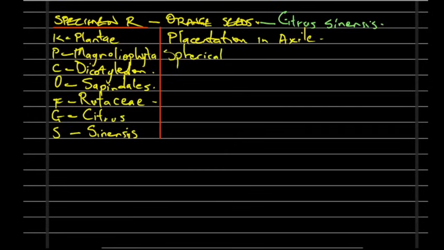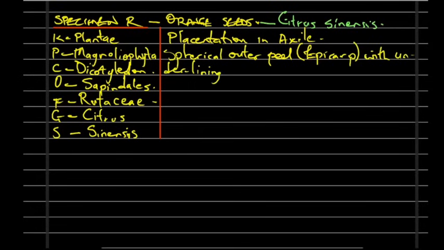Let me just put them there. Spherical outer peel, called the epicarp, with underlying fibrous layer, called the mesocarp.